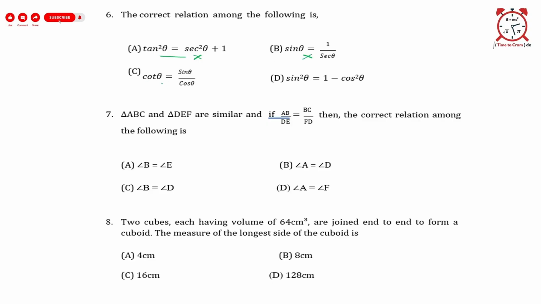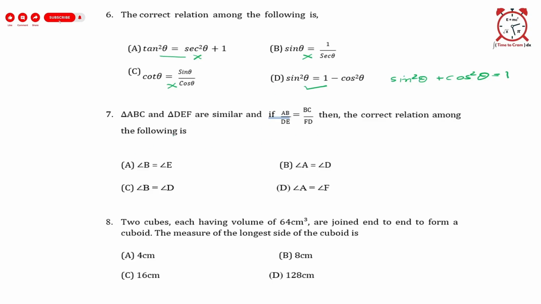Cot theta equal to cos theta upon sin theta, so it is also wrong. So the last option, if we check, this is a modification of the identity sin square theta plus cos square theta equal to 1. If we modify this identity, then we get the answer D.